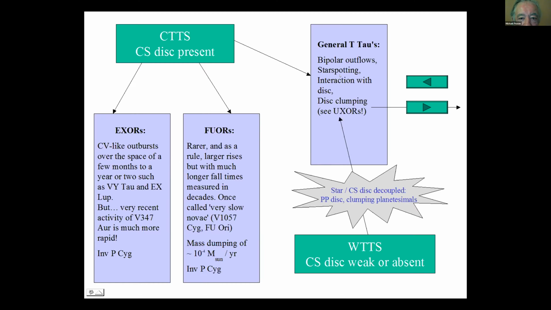So we have our general T Tauri stars, but they can further be subdivided into two other types. Now, I want to emphasize I would like to think of these as types of variation rather than necessarily types of star.